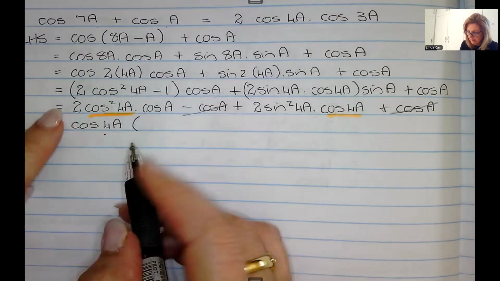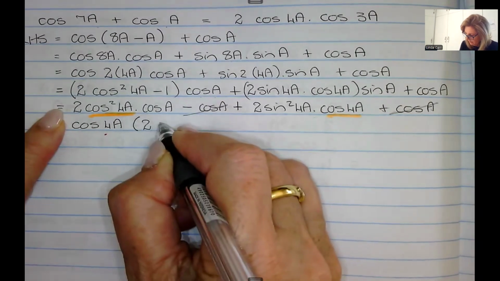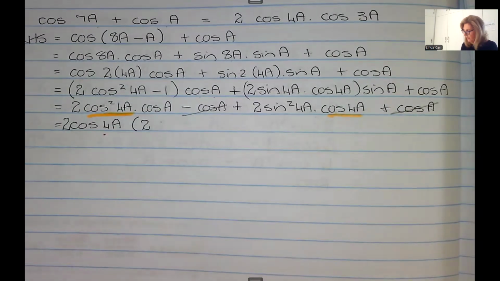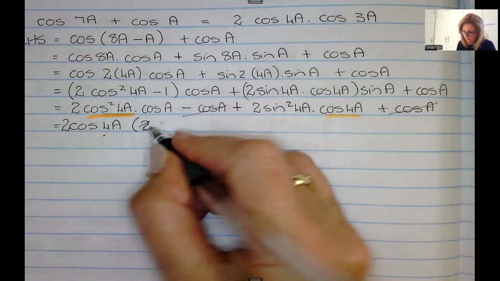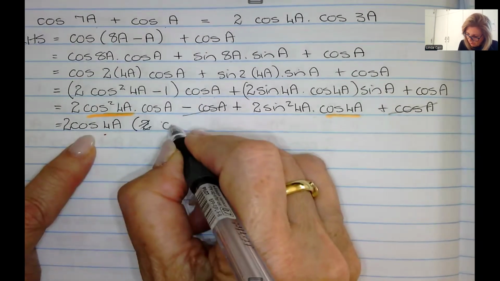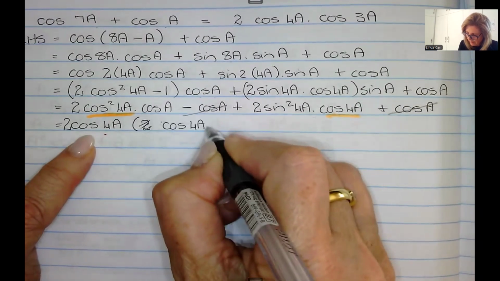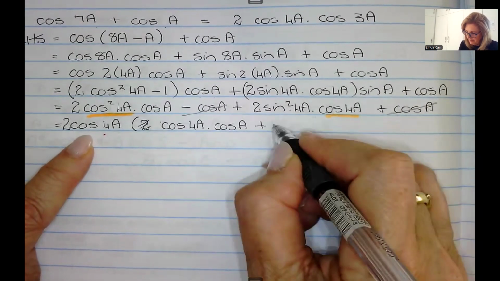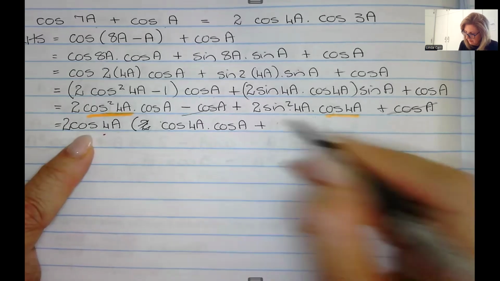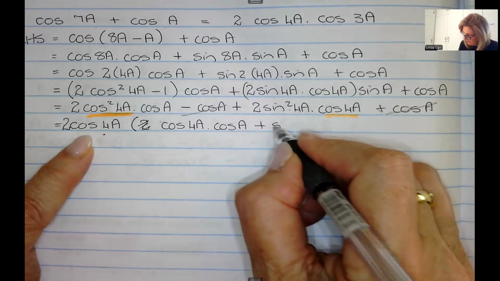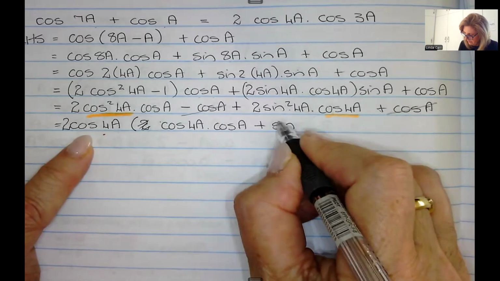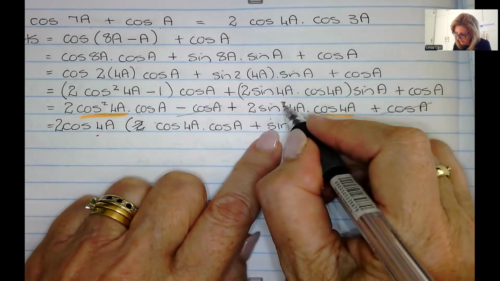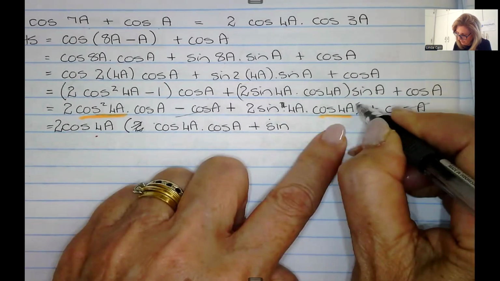When I do that, I'm left with 2 cos. Oh, wait, I can take out a 2. Let's take out a 2. So then I'm not going to have this 2 in the bracket. Sorry about that. So now I've got cos 4a cos a plus sine, this is not sine squared, I do beg your pardon.